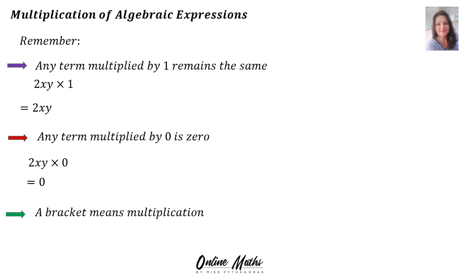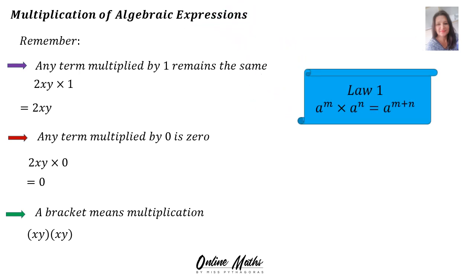A bracket means multiplication. So when I give you (xy) times (xy), I quickly want to take you back to your exponential laws. Can you remember this one? a to the m times a to the n is a to the m plus n.